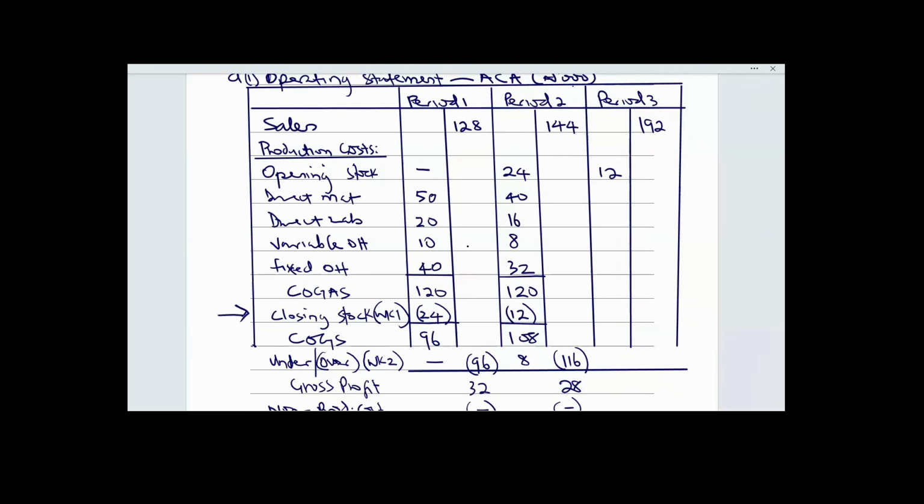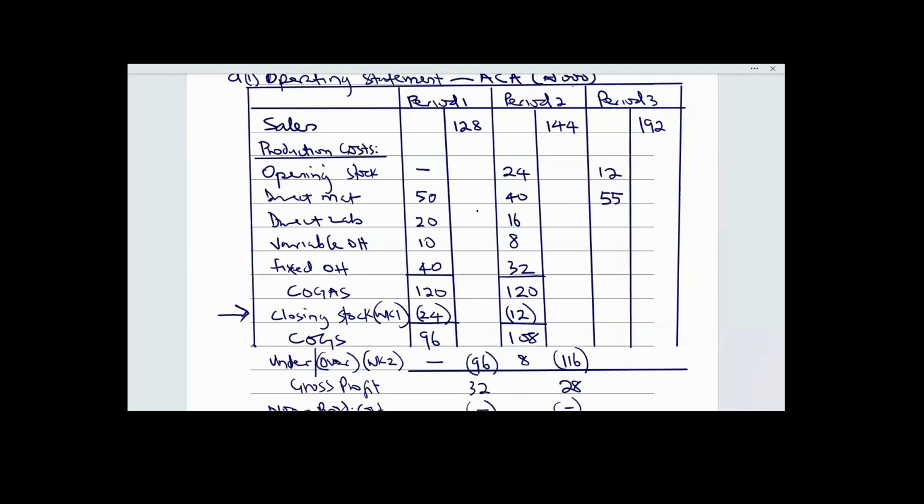Then direct material is 5 naira multiplied by the units produced in the third period, 11,000 units. That's 55,000.